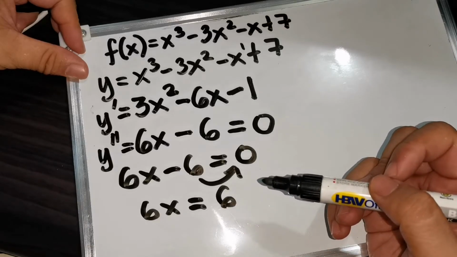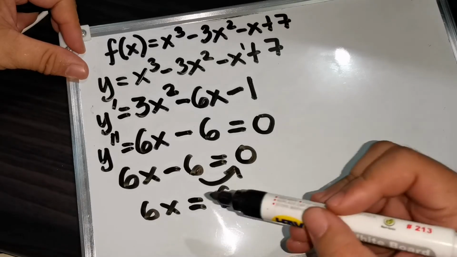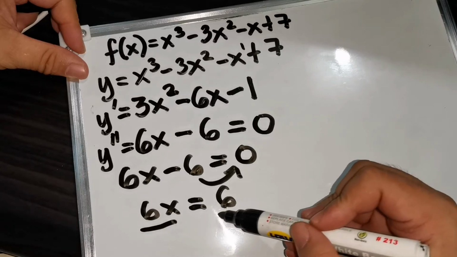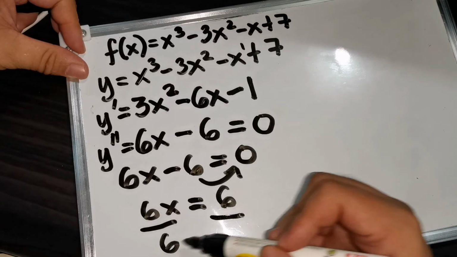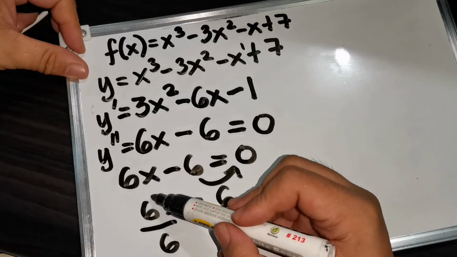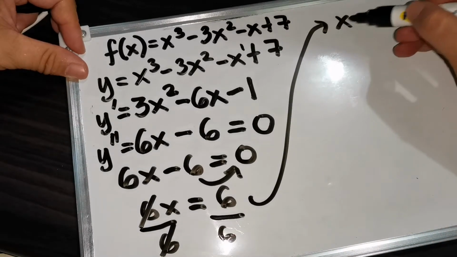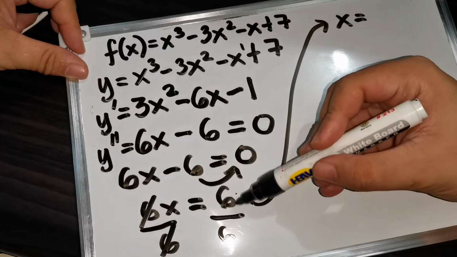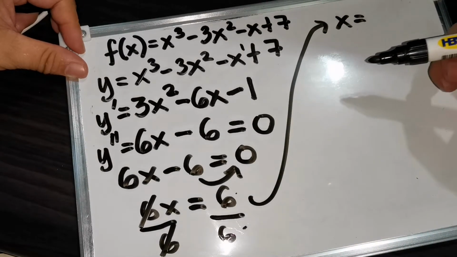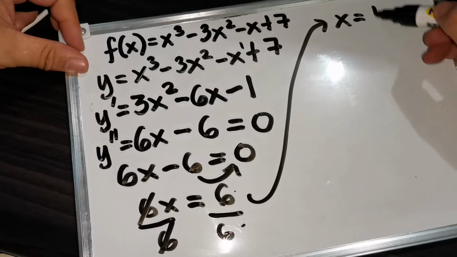So for us to get the value of your x, we simply divide the entire equation by 6. So your 6 here will be cancelled out. Therefore, your x now is equal to 6 over 6, so that will be equal to 1.